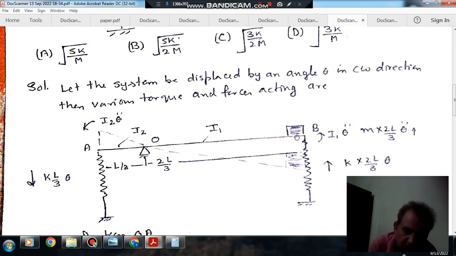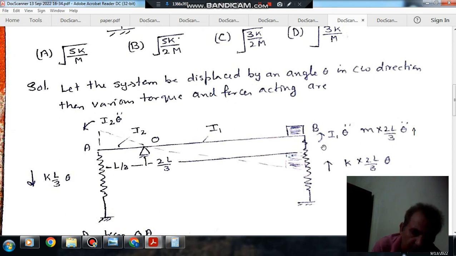So the displacement of this mass is same as the compression of the spring, which is 2L by 3 into theta, so its displacement will also be same.